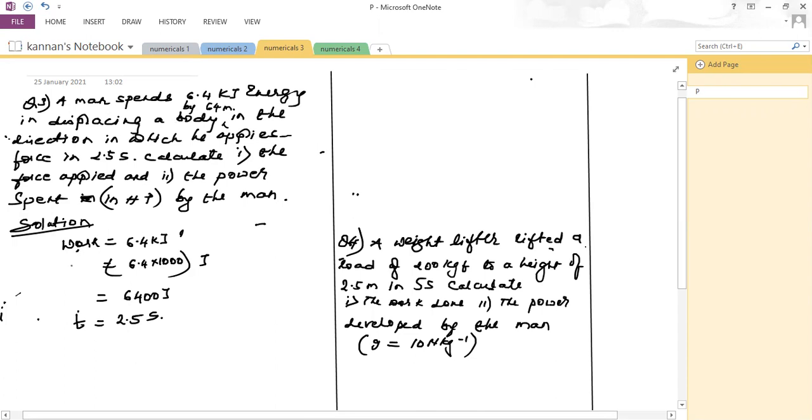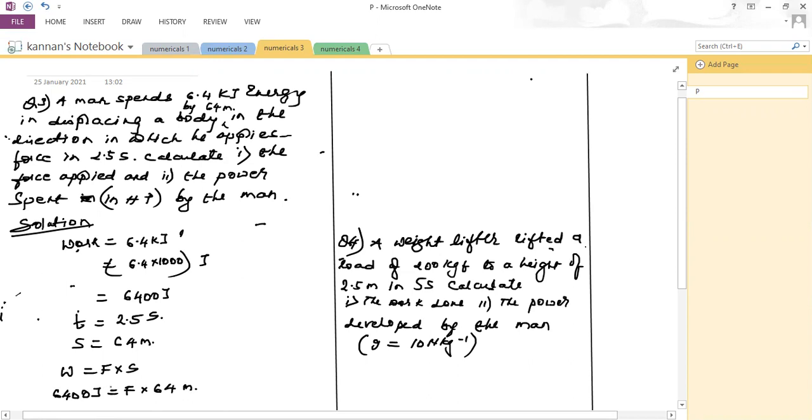So S is 64 meter. First part of the question, they want me to find the force applied. W is equal to Fs because here the displacement is taking place in the direction of the force. So W is equal to Fs. 6.4 into 1000, that is 6,400 joules is equal to force, which I don't know, times 64 meters.